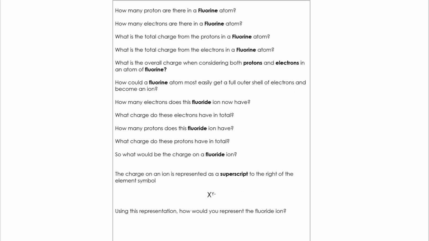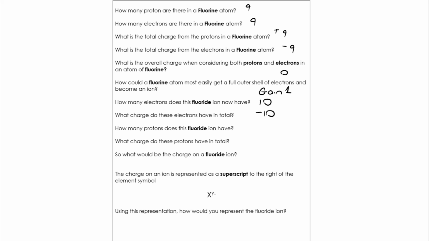That's very much assumed. We're going to do another one. Let's look at fluorine. Atomic number 9, which means 9 protons, 9 electrons, +9 and -9 charges. For an atom, the overall charge is 0. Fluorine is in group 7, so the easiest way to get a full outer shell is to gain 1 electron.